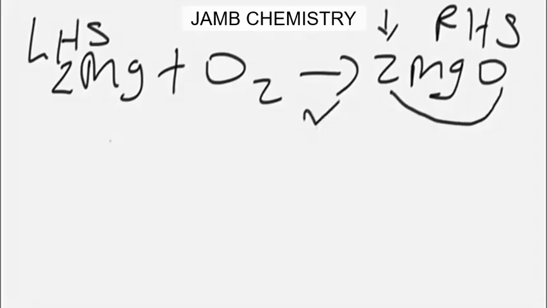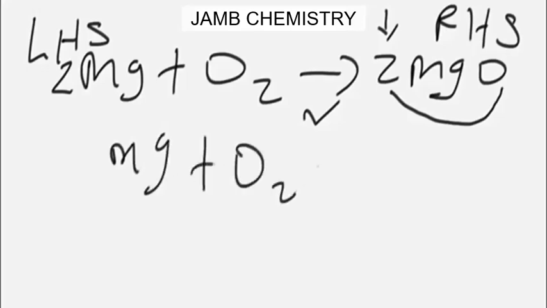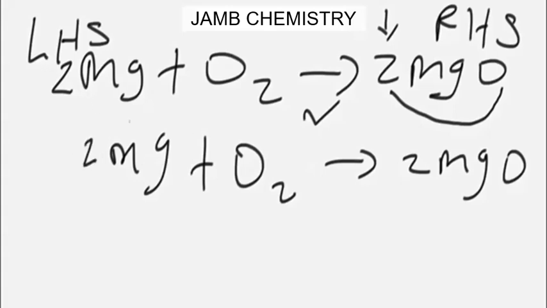Now note that don't go and do something like this. For instance, let me repeat this question again. If you have to balance this equation, now that you know that you have to add 2 atoms for this magnesium to balance the equation, instead of putting the 2 here, don't go and put it here.